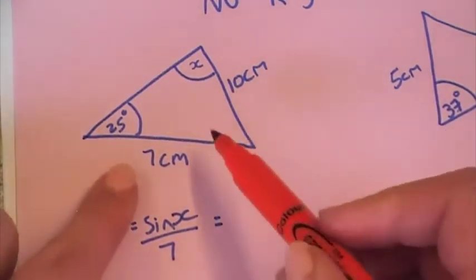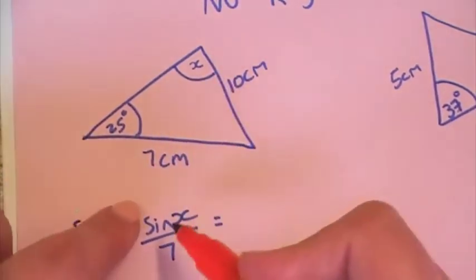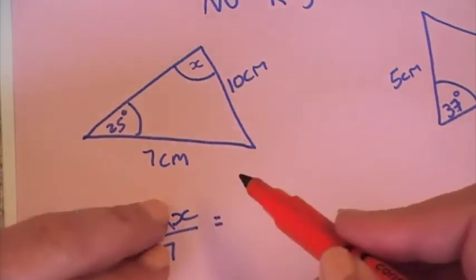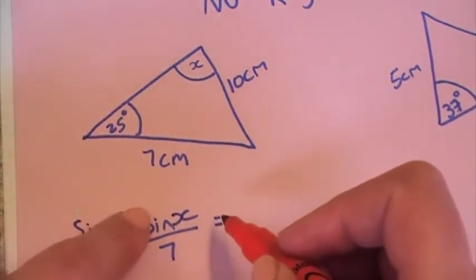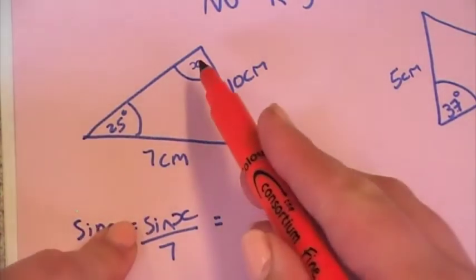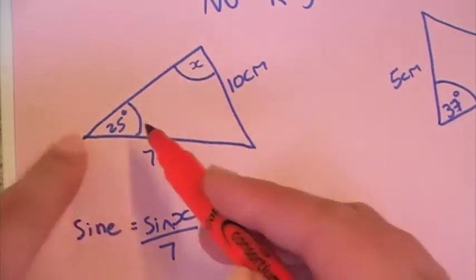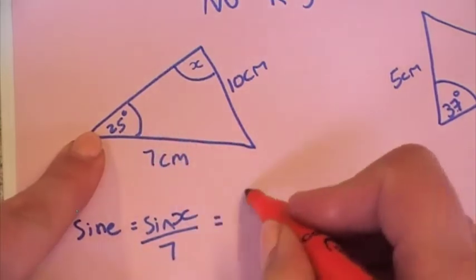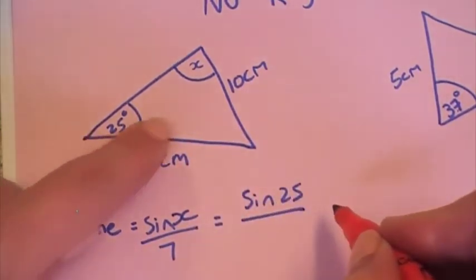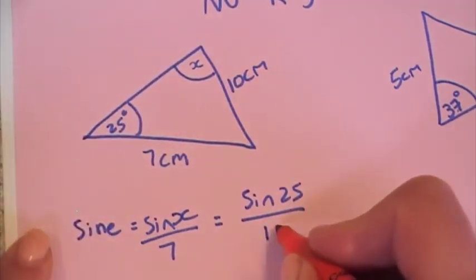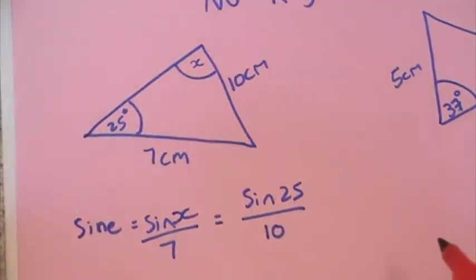And so I'm going to say sine of x over 7 is equal to, and I'm going to make sure I get it the right way around, the angle first, because I did the angle first here. It wouldn't matter if it was that way around, but I like to put the unknown on the top because it's easier to rearrange. So sine of x over 7 is equal to the sine of 25 over its opposite length, which is 10.